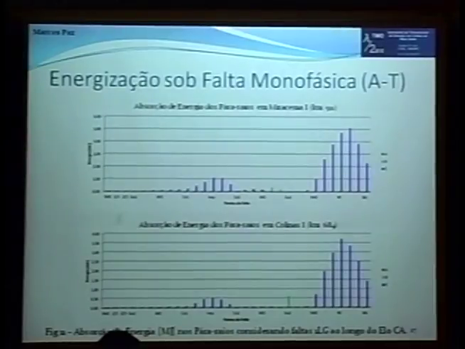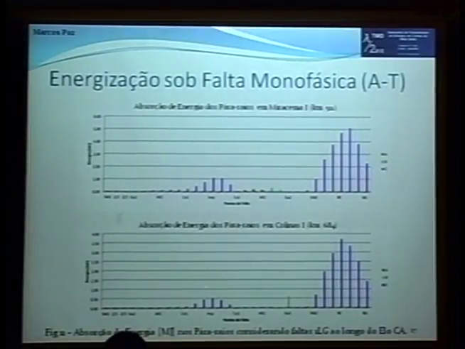Talking about the surge arresters in Colinas 2, a substation near Miracema, its surge arresters were also working for the faults applied throughout the line.